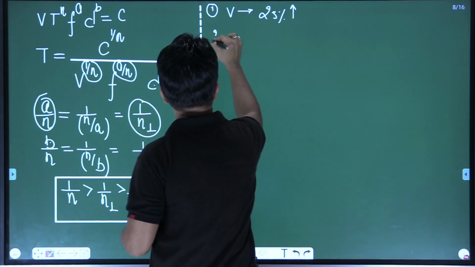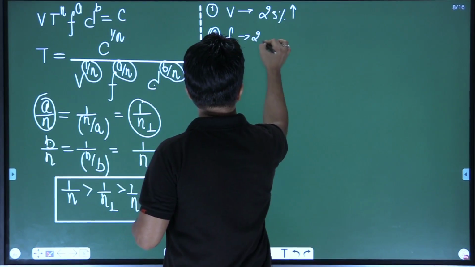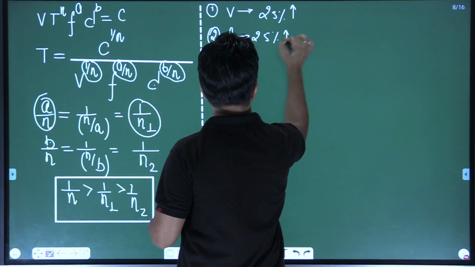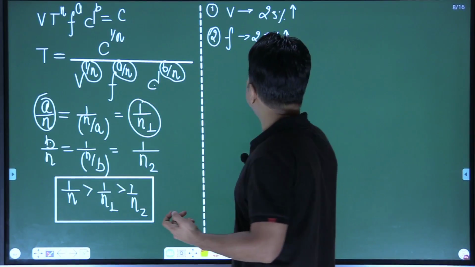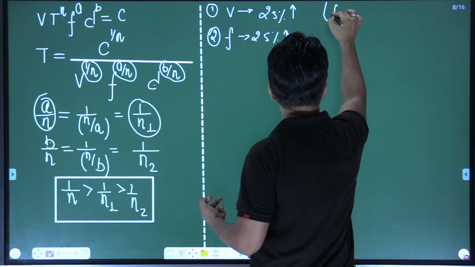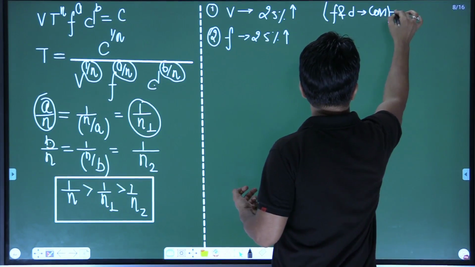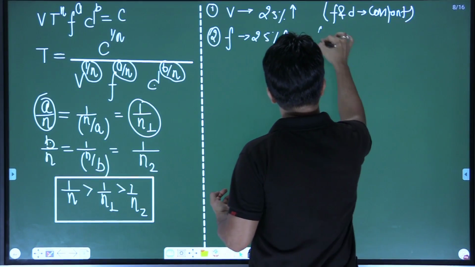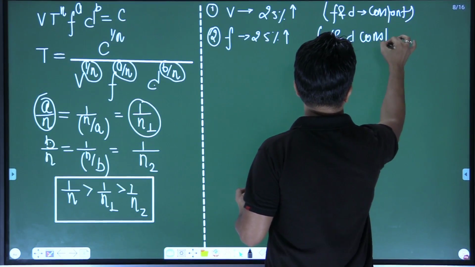Got it? Now in the second case, if you change the feed by the same amount, here I am keeping velocity and depth of cut constant.